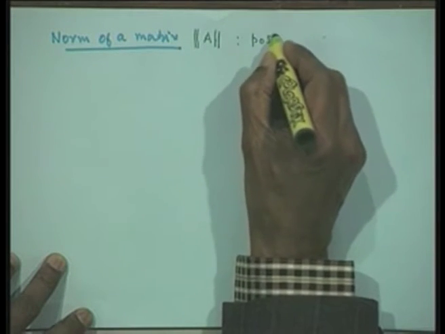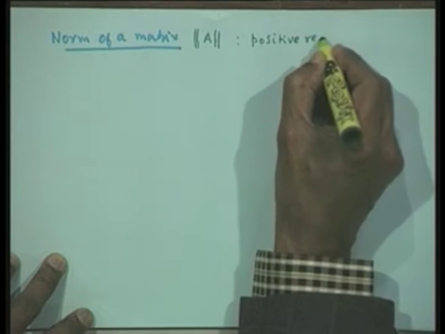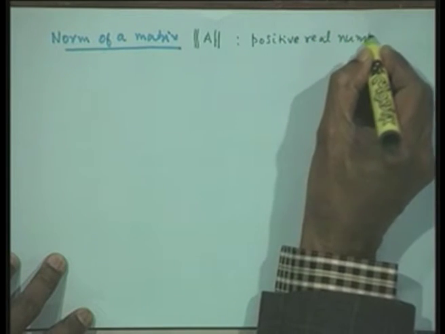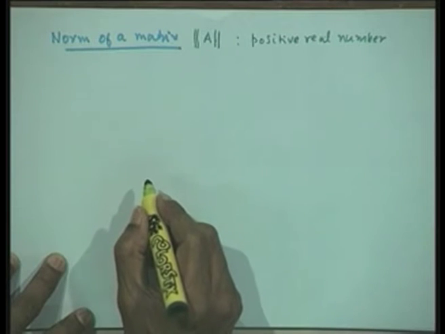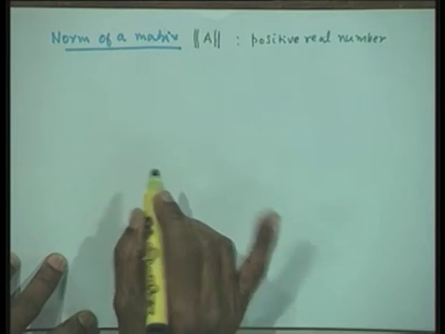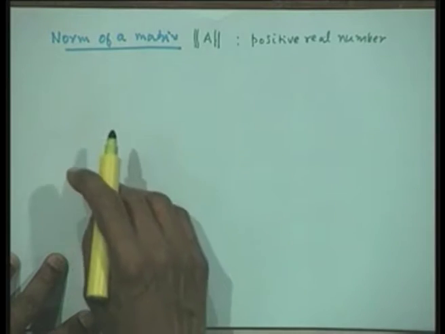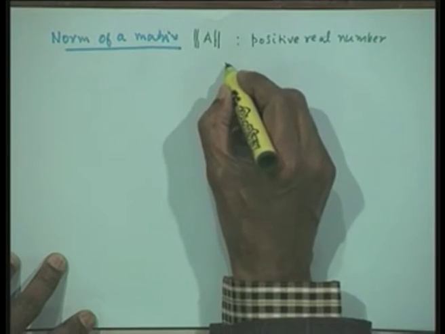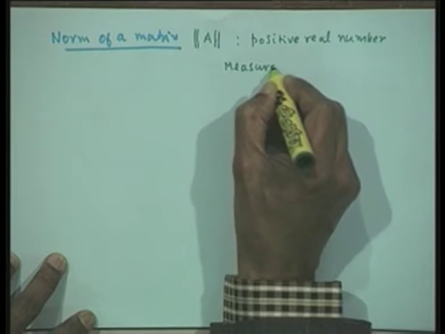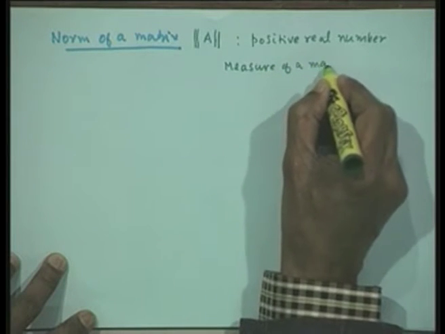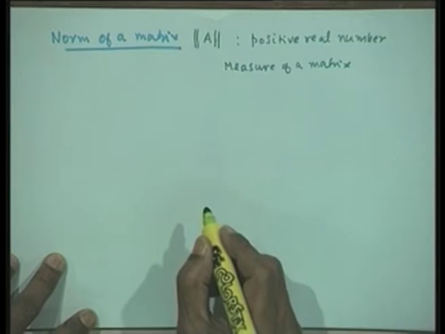This is a positive real number. In a sense, it is a measure of a matrix. Given a matrix, this is the norm of this matrix, given another matrix you can say the norm of the matrix is this. So, we can compare them in terms of norms of the matrices.